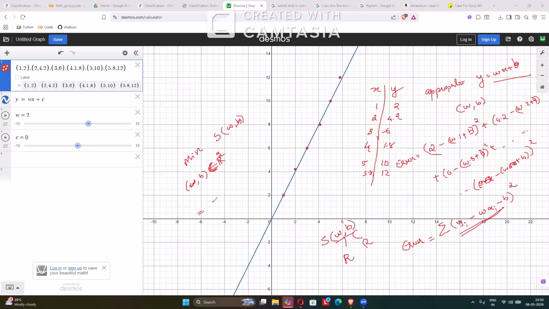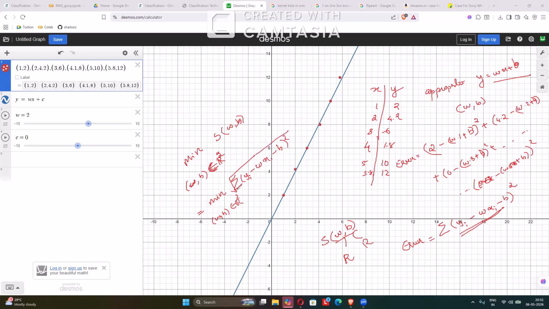That is nothing but minimum over WB from R square, of the root of sigma (yi minus wxi minus b) the whole square.